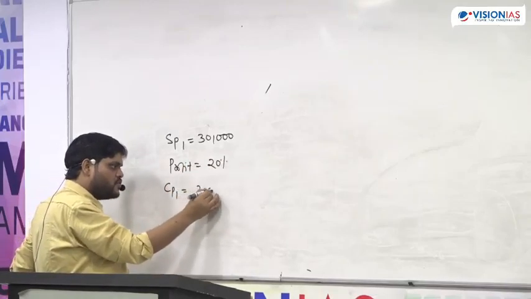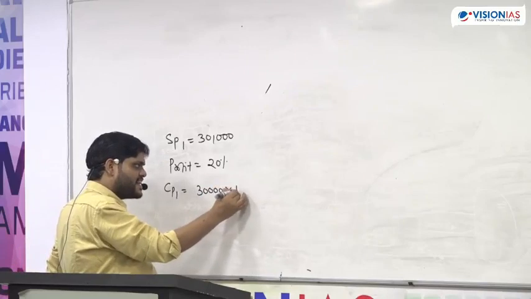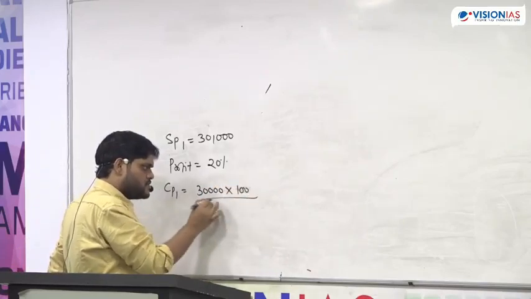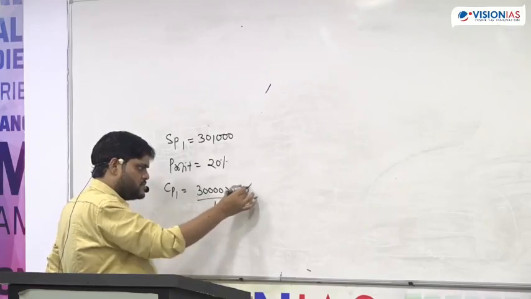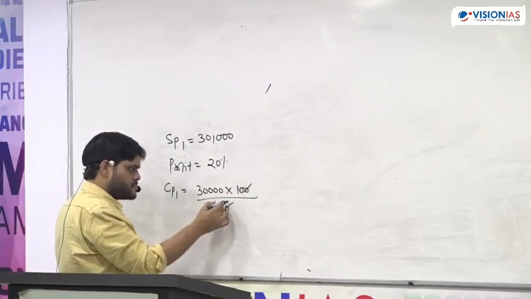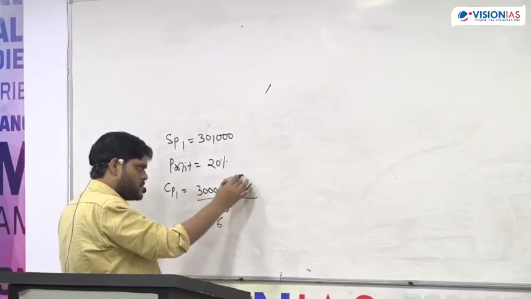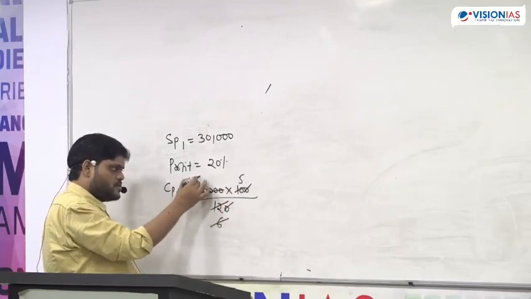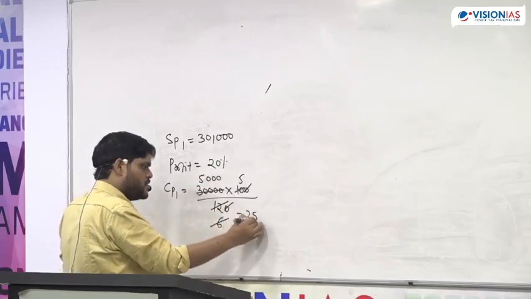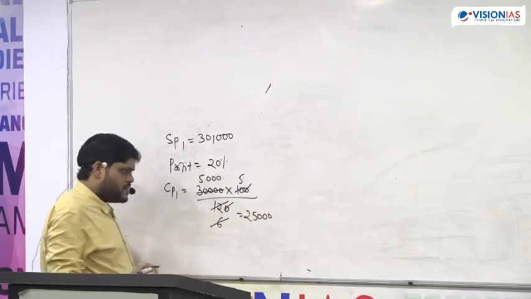CP1 is equal to, I am writing directly, 25,000 is CP1.